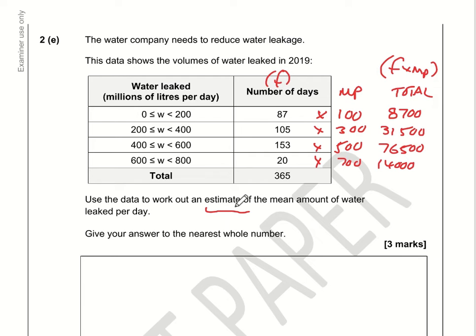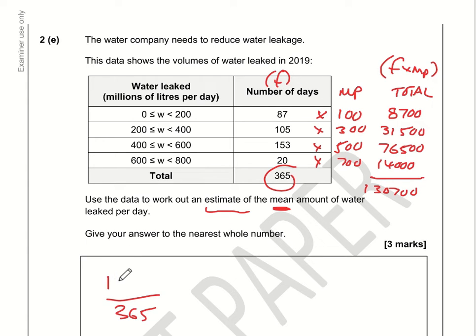Now, if I'm working out the mean, it would be the total amount of water leaked divided by the number of days, which is 365. So the total, it's not the actual total, it's an estimated total. I'm just adding up these subtotals. If I add these together, that comes to 130,700.